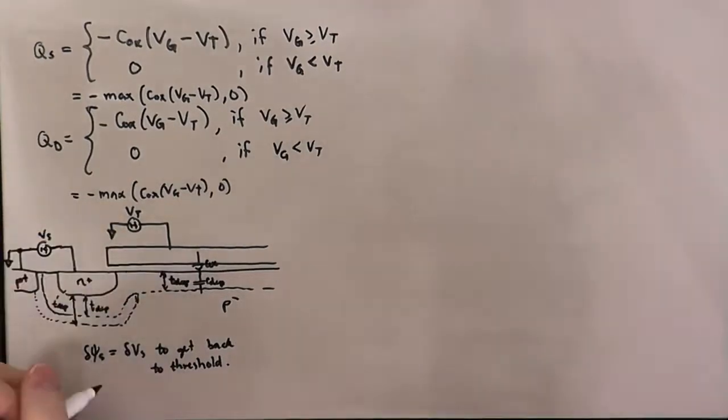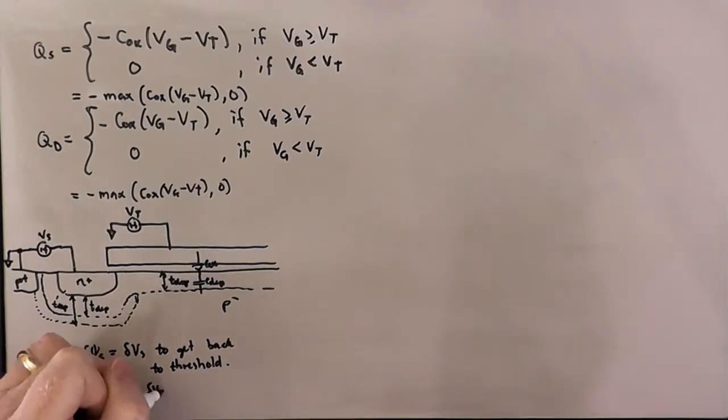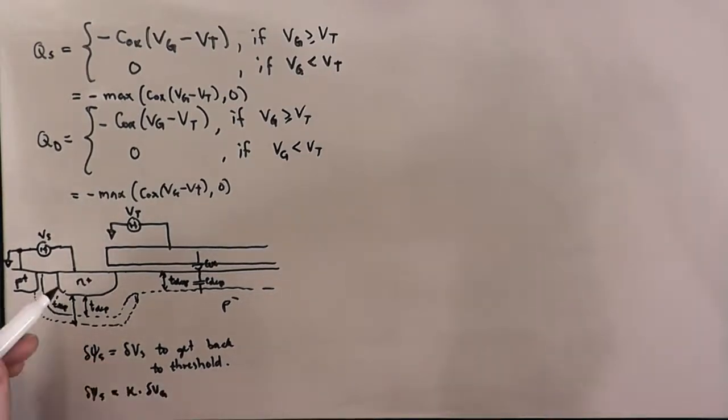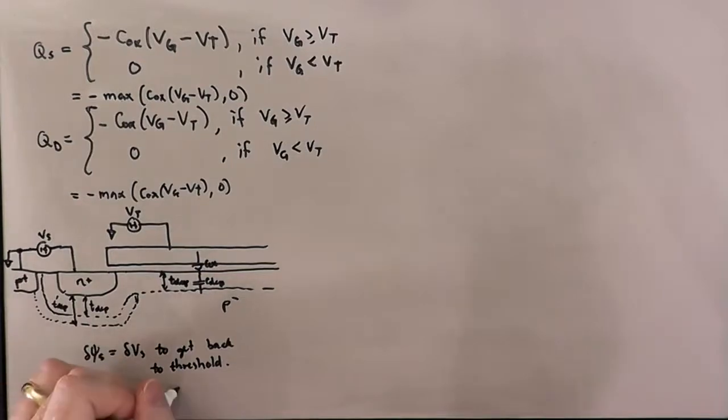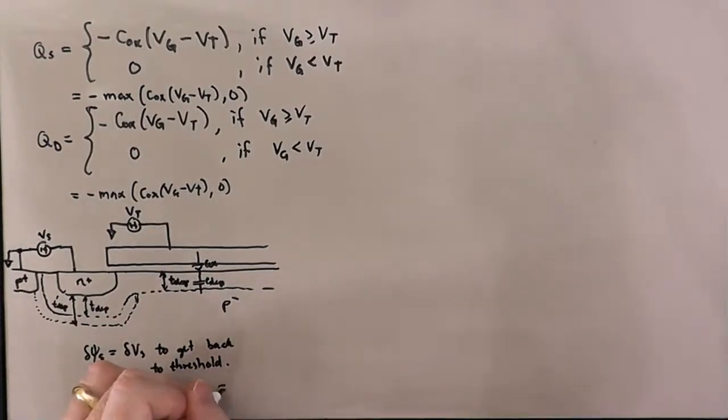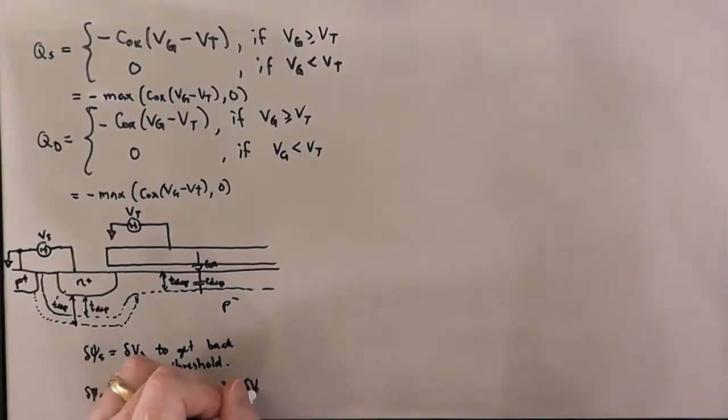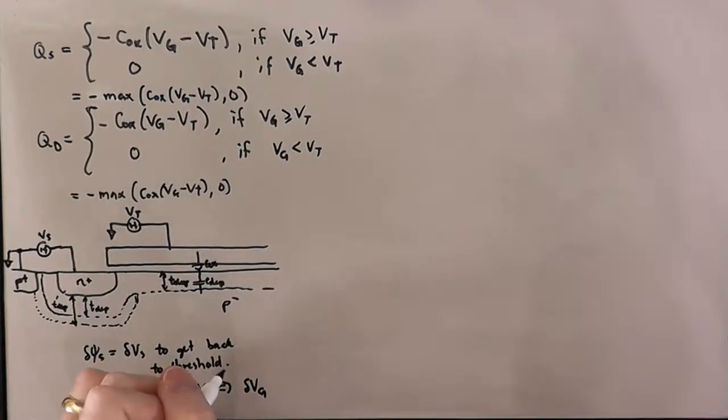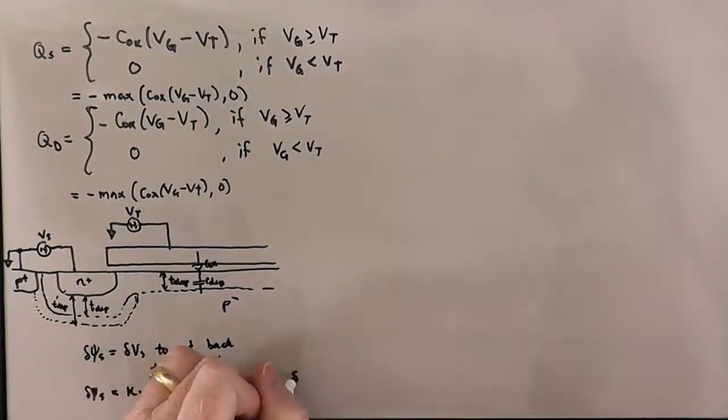And so delta psi s, we said on Friday, was equal to kappa times delta Vg. And so that means, if we set that equal to delta Vs, that the delta Vg that we need to put in to get back to threshold is going to be equal to delta Vs over kappa.